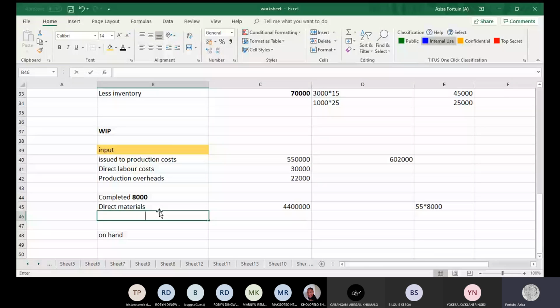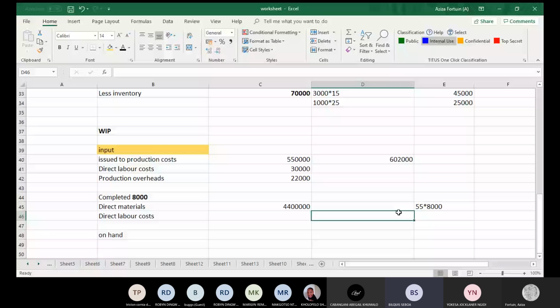Let's move to direct labor cost. What do we put in for our direct labor cost? Aziza, the direct labor cost is also given, at 24,000.